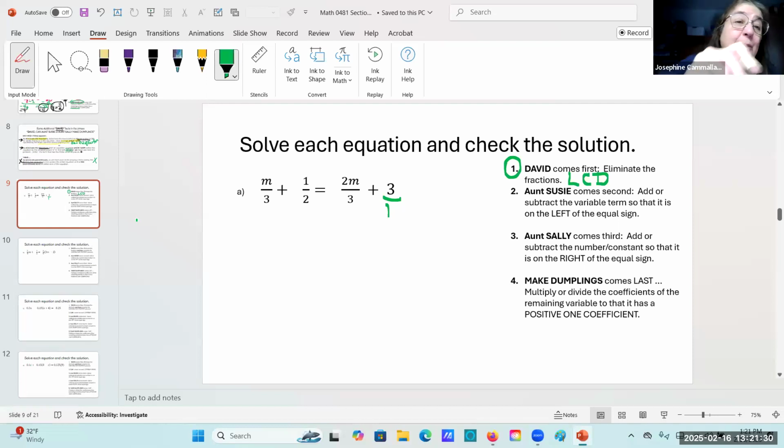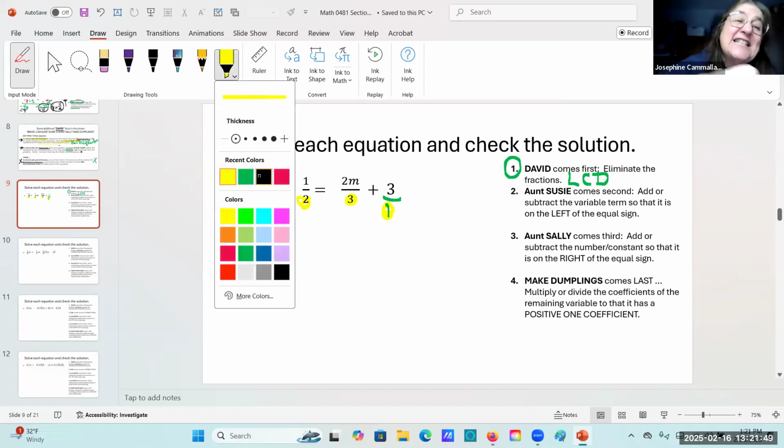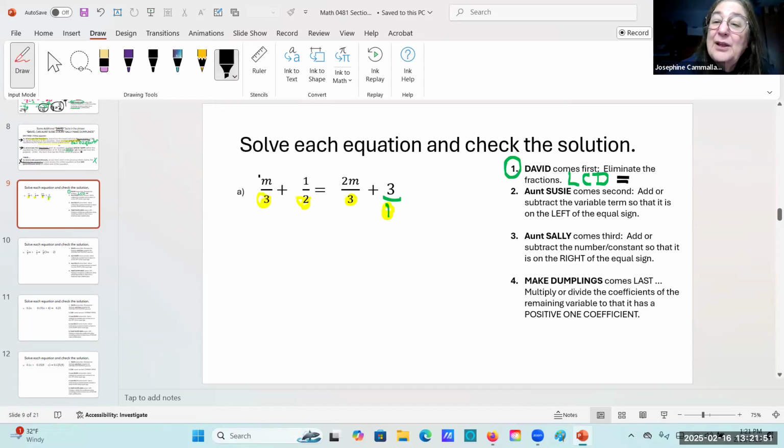Well, if you take the 3, the 2, the 3, and the 1, what would be my common denominator for that set of numbers? It would be 6. Well, let me show you what happens.